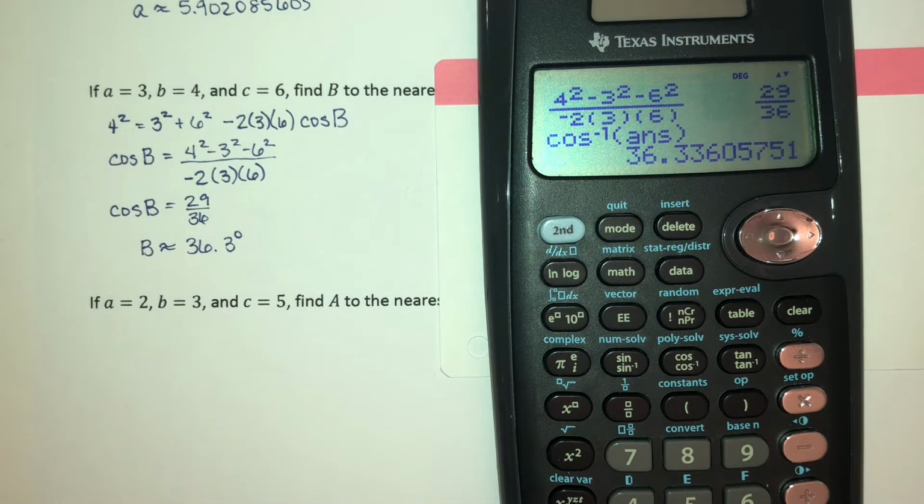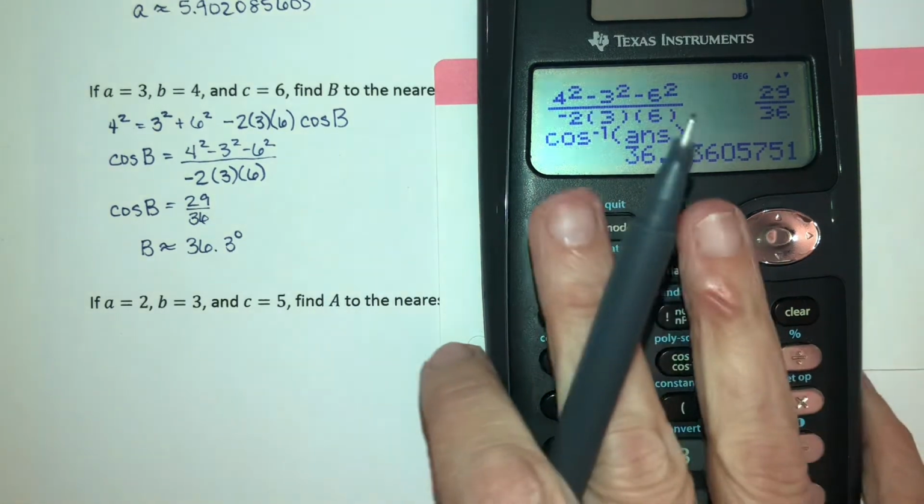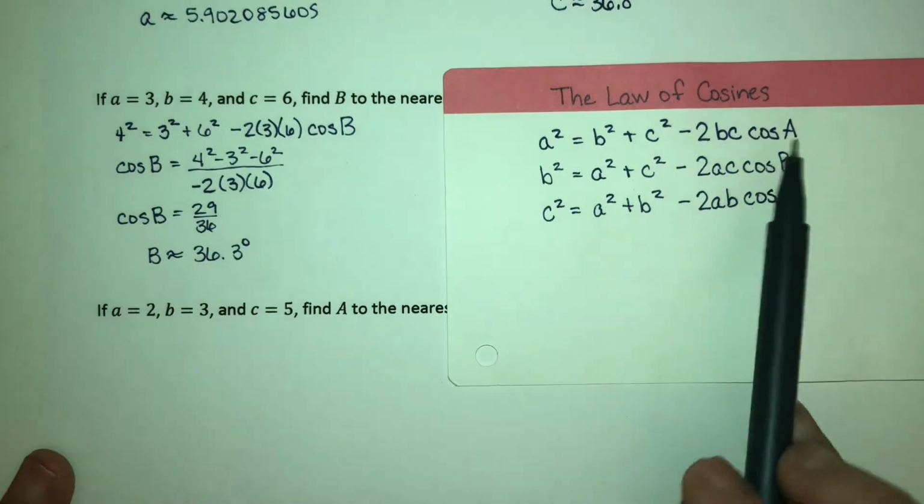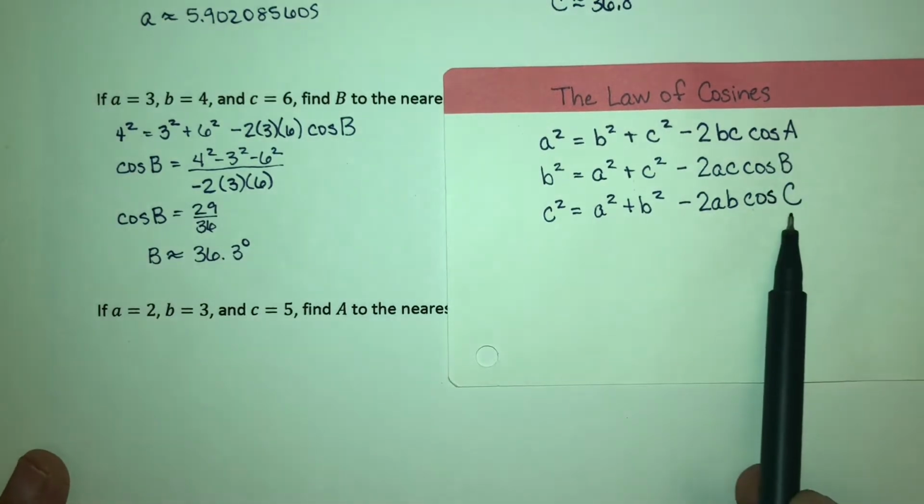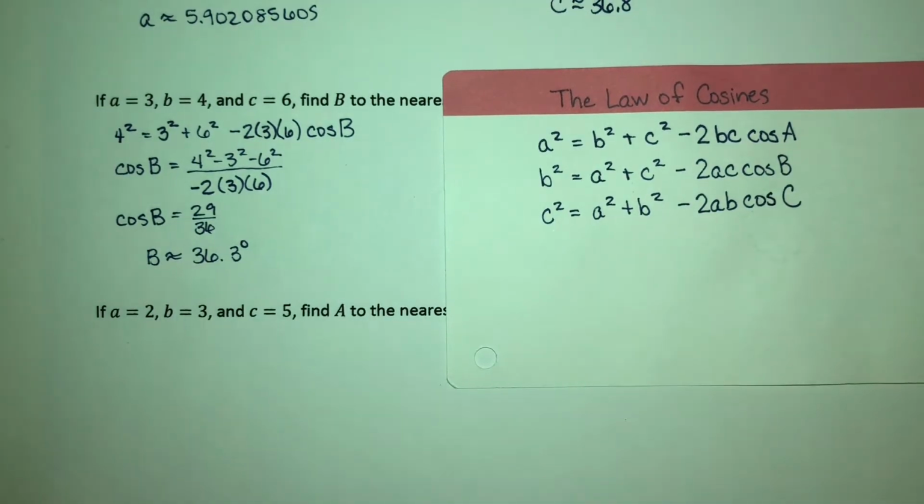And since that's all we were asked to find, we're done on this one. If we were asked to find our other two angles, I would use either this formula or this formula to find either A or C, and then I'd use the fact that they all need to add up to 180 to find the remaining angle.